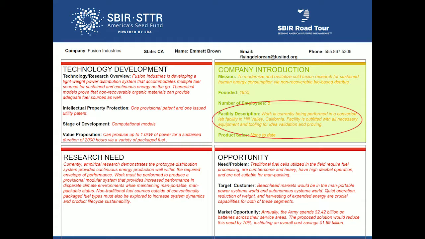But something that a lot of people tend to overlook is the fact that if you have access to other facilities, if you have access to other equipment, other tools, like a collaboration agreement with a university or a national lab, that can actually go in your facility description too, because it's not just the space, the tools, and the equipment that you have at your backyard, but also what do you have at your fingertips?